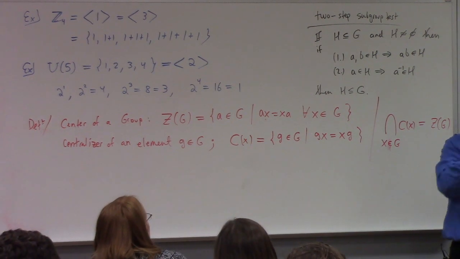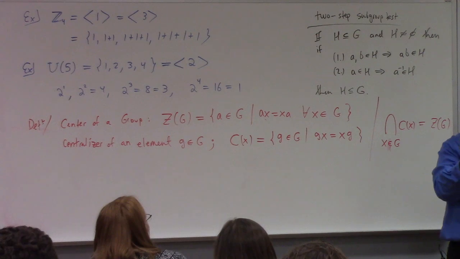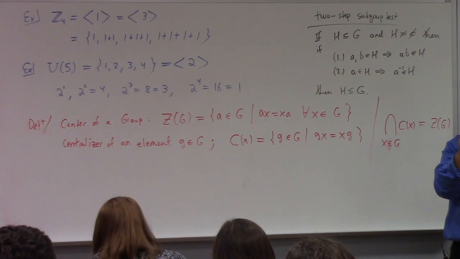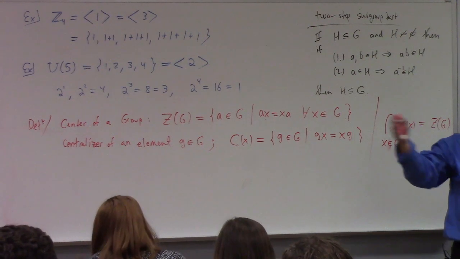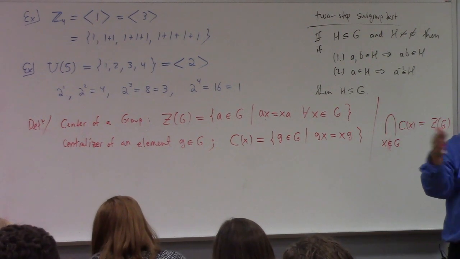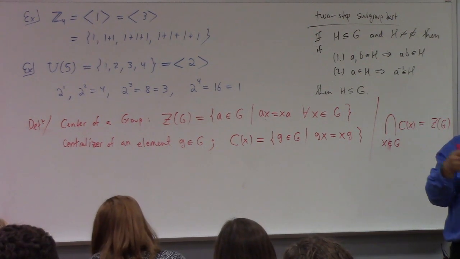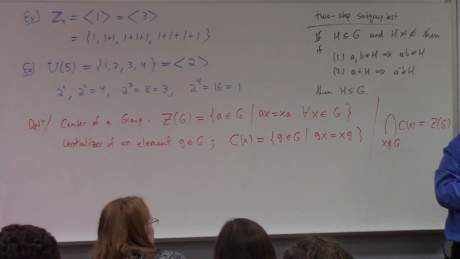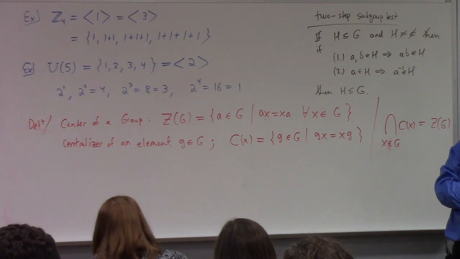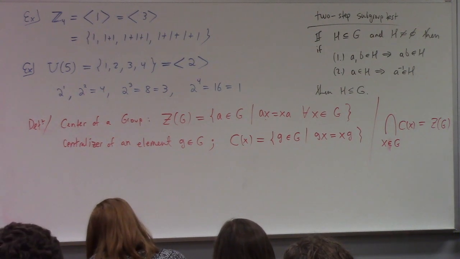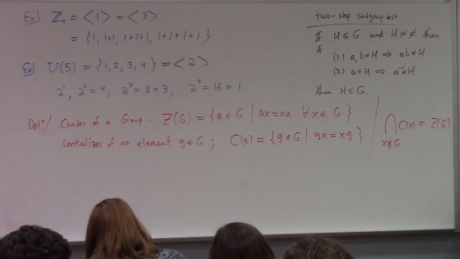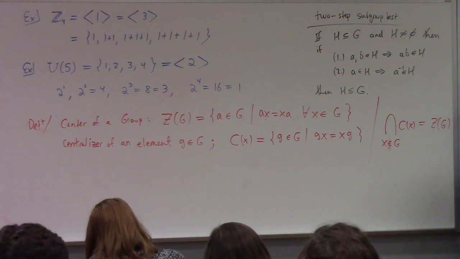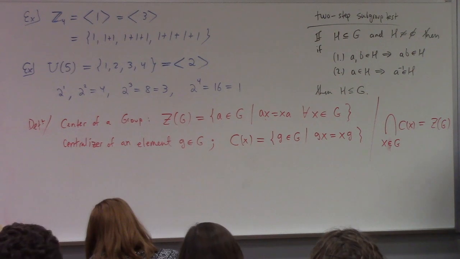It just shifts them around, but the total number of transpositions doesn't change. A cycle and its inverse have the same number of transpositions, up to inserting and deleting copies of the identity. The point is, it's not hard to argue that the set of even permutations forms a subgroup, by the one-step subgroup test. This is called A_n. A_n is a subgroup of S_n, is what I'm saying.